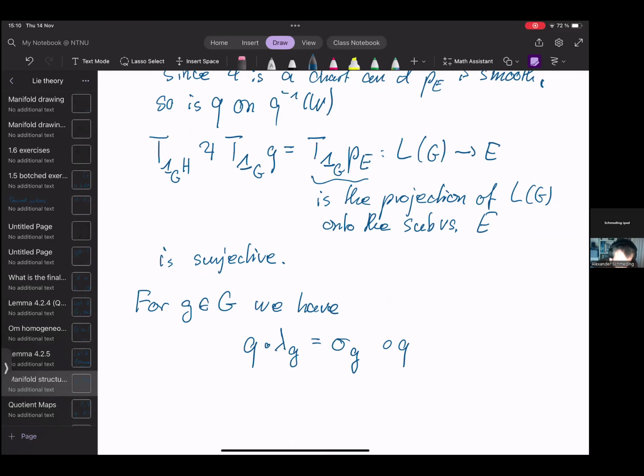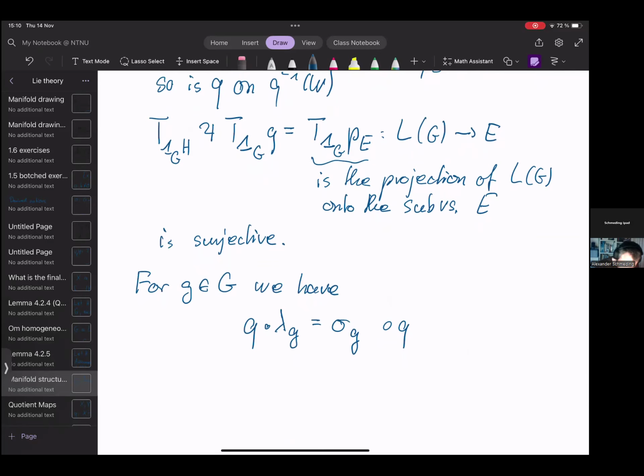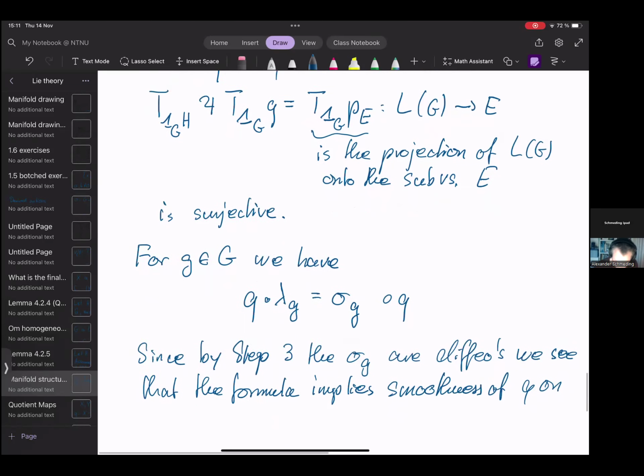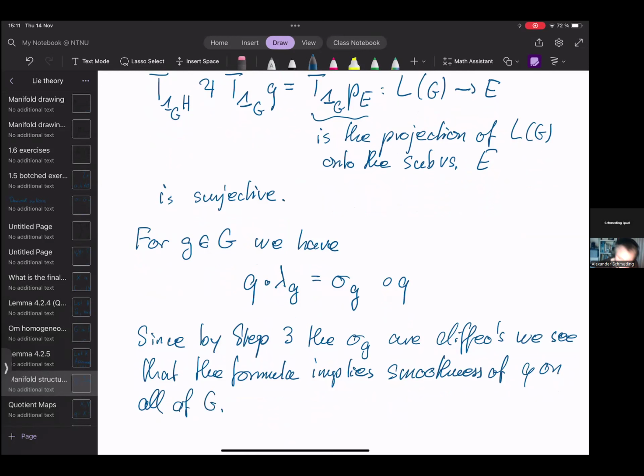So what we see again, since by step 3 the sigma G are diffeomorphisms, the formula implies smoothness of Q on all of G, not only in this unit neighborhood.